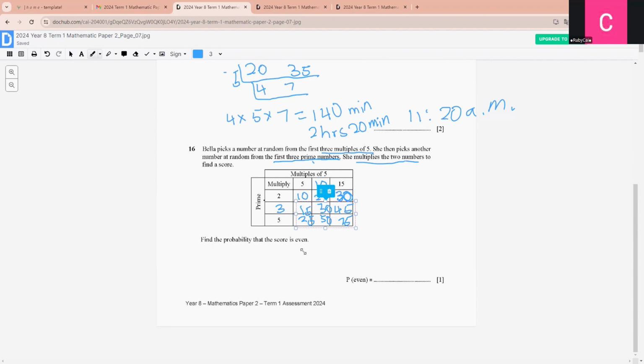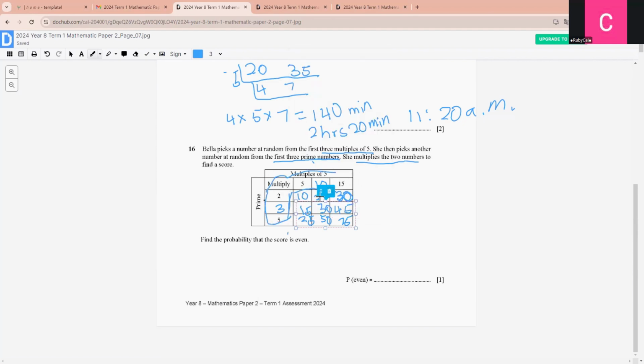Next question, find the probability that the score is even. So from the table here, we can see that there are 1, 2, 3, 4, 5, 6, 7. Sorry, the numbers at the sides here don't count.